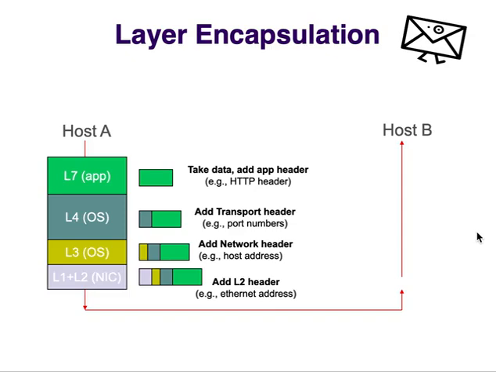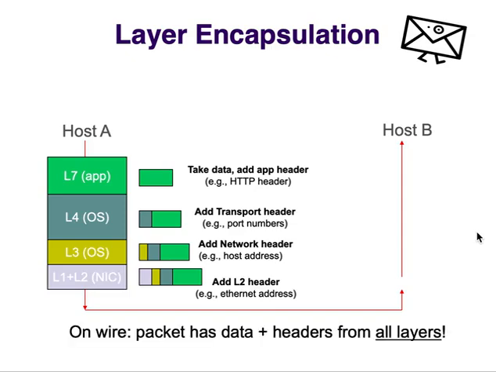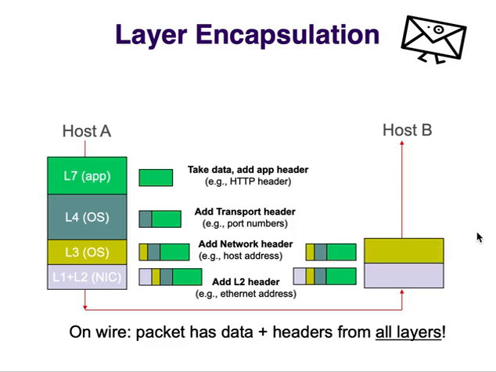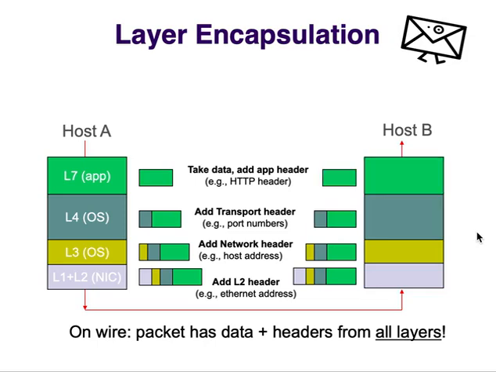And then when you send this message along the way across to the other end, L1, L2 is going to look only at the data link layer header and know what to do with it. It's going to then take it off and send it up to the IP layer. The IP layer is going to look at the IP header, send it up to TCP, and so on up till you get to the application layer.